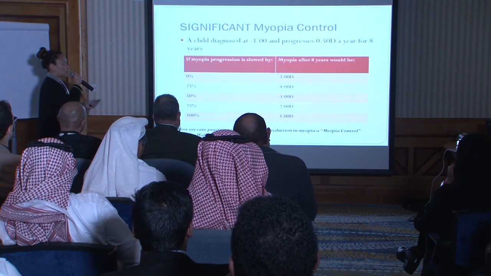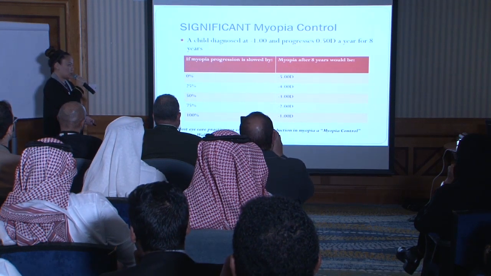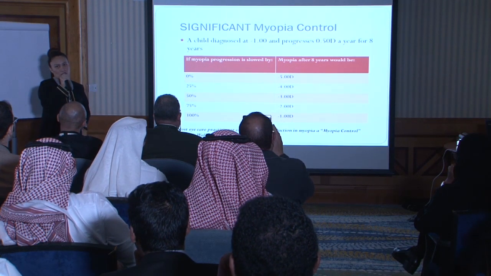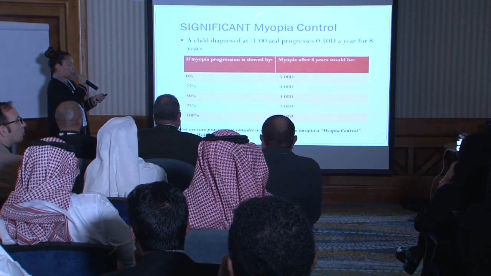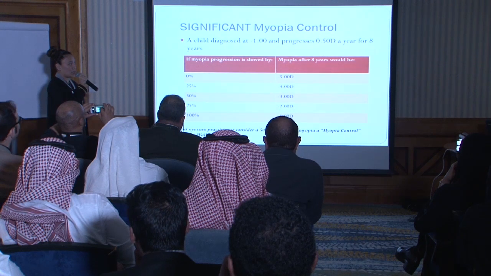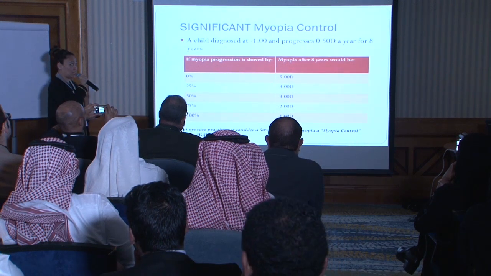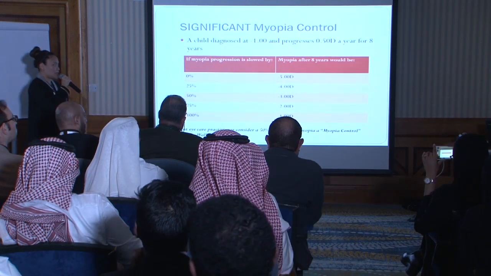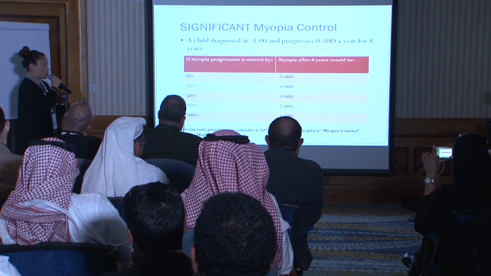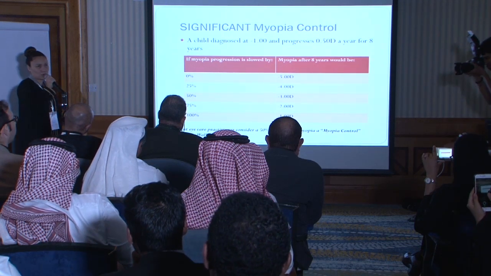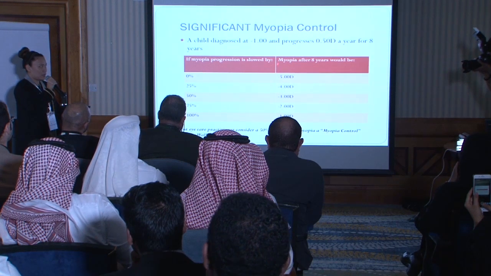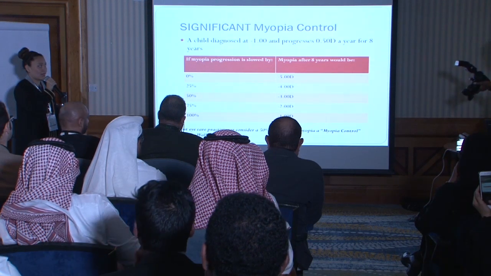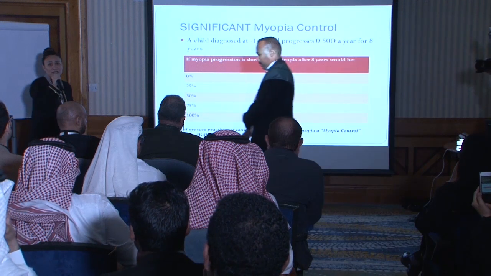Okay. So the significant myopia control, according to Wallin's research in 2012, is that, for example, if a child is diagnosed at -1 and progresses -0.50 every year for the span of 8 years, and the myopia progression is slowed by 0%, meaning we didn't do anything at all with this child, then after 8 years, by the age of 16, this child will have -5.